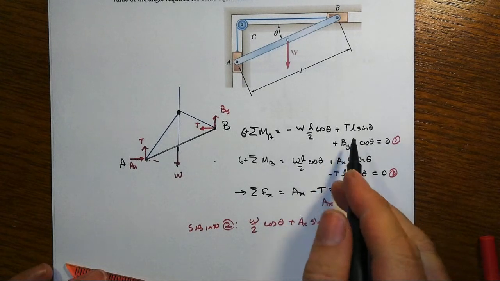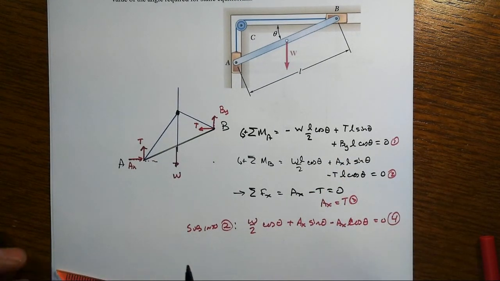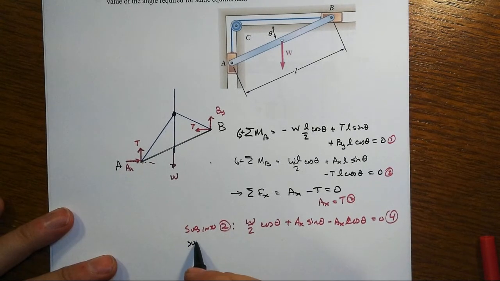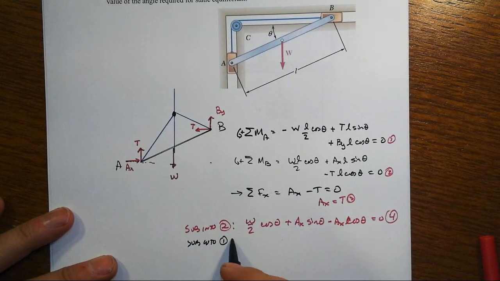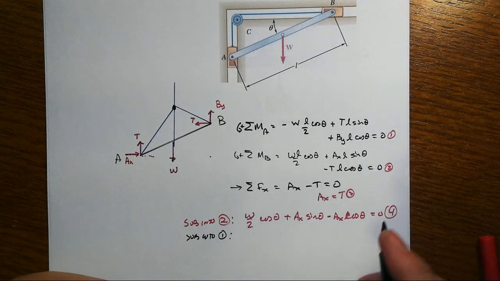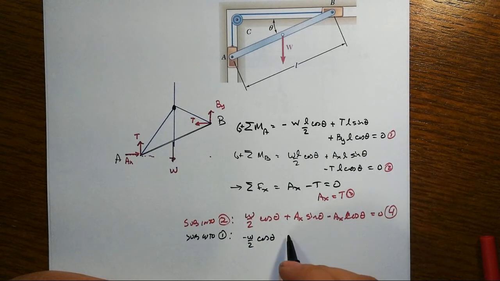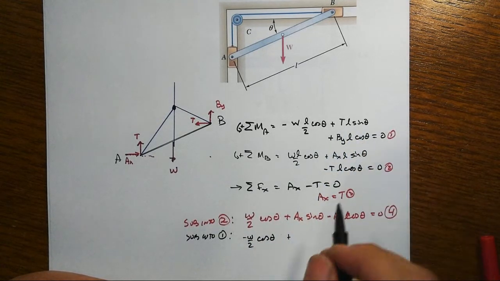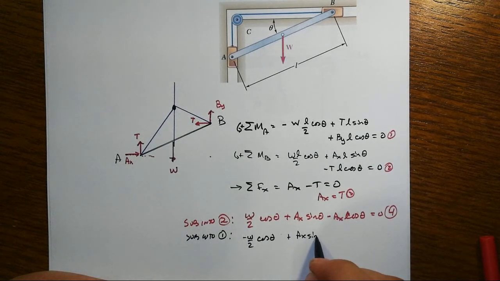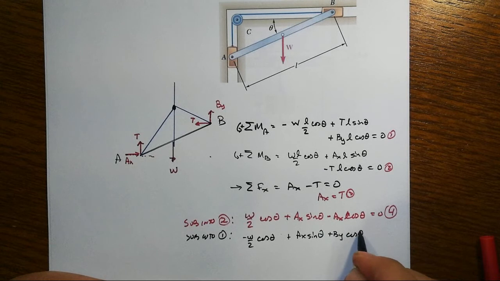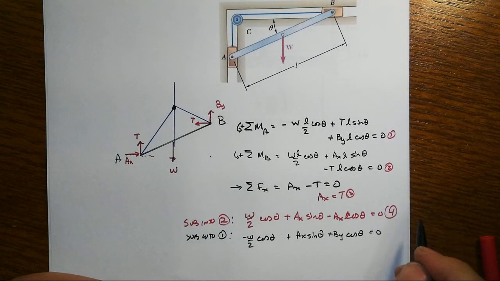If we go up to this top one and sub into 1, then again the L's go away, and we have minus W over 2 cosine theta plus AX sine theta plus BY cosine theta. Again, I've divided by L already.